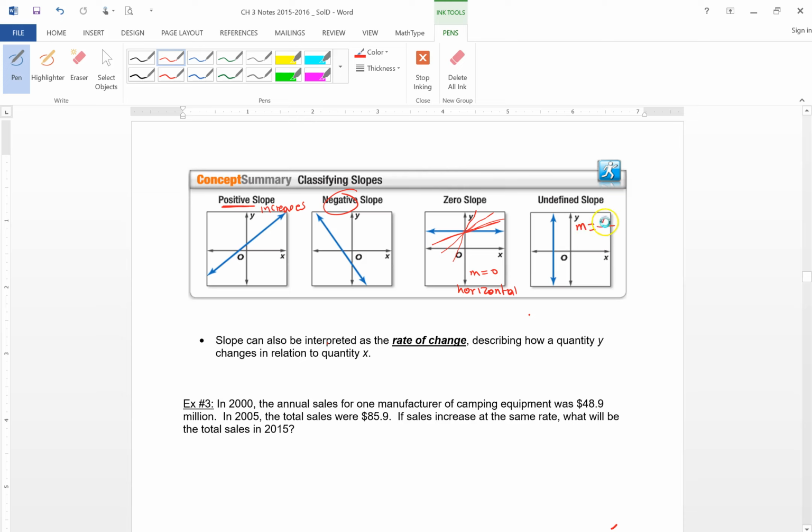So basically you have some number over 0, and you also call it no slope. Okay? And like we said earlier, slope can also be explained as the rate of change. How quickly change happens. Okay? So the car goes from 0 to 60 in what? 2 seconds, 10 seconds, 3 minutes, whatever. Okay?